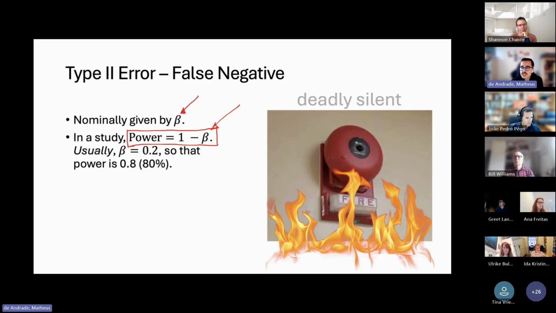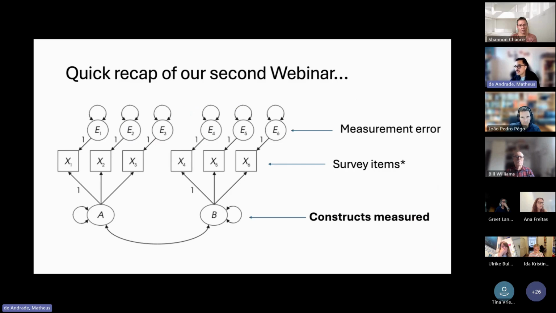But I just want to leave this relationship very well explicit here, because I'm just going to do a quick review of our second webinar, which was our previous webinar. In our last webinar, we were talking about how we use surveys and survey items as a way to measure a construct. So let's say I might be measuring a construct A, self-efficacy.